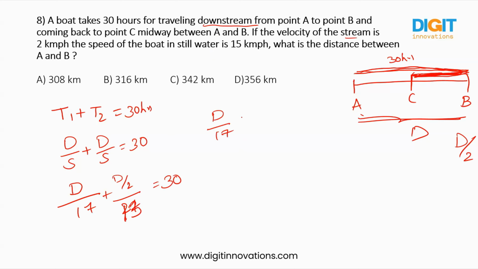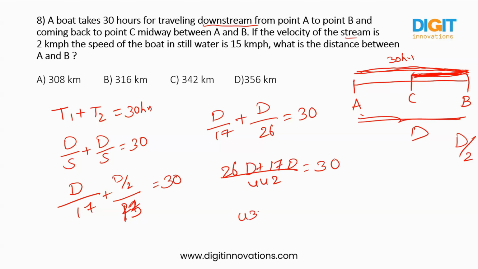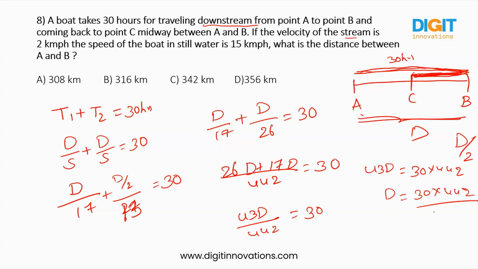So D by 17 plus D by 26 equal to 30. The LCM would be 442. So 43D by 442 equal to 30. So 43D equal to 30 into 442, and D equals 30 into 442 by 43.